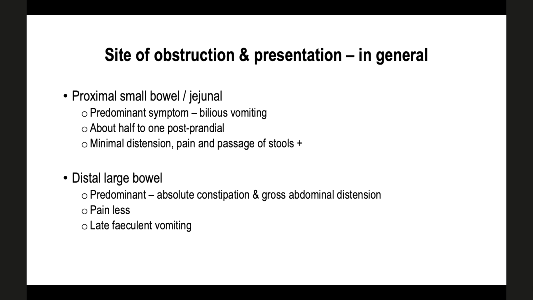Vomiting is not a predominant feature, and it can occur later in the course of the illness. So basically, looking at the sequence and the predominant symptoms that are present, we can somewhat localize where the intestinal obstruction is taking place.